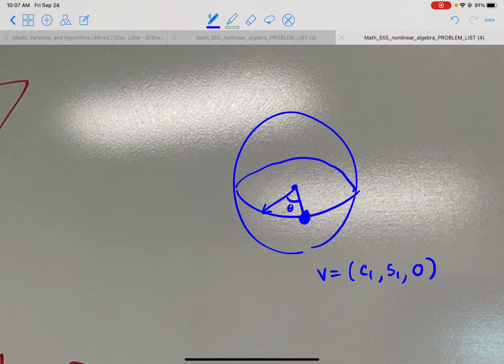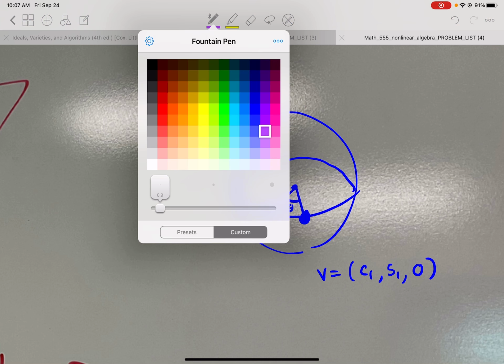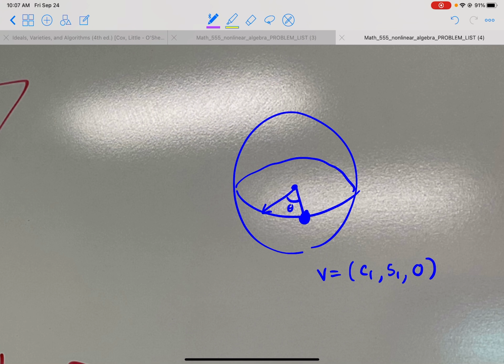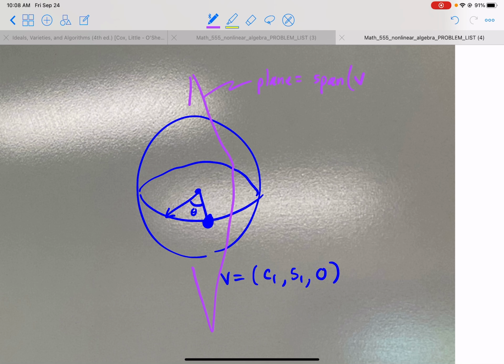Okay, good. So now I'll go purple, and I slice with a plane spanned by the vector v and the E3 axis up to the North Pole. So the purple plane equals span of v and E3, which is secretly just the vector 0, 0, 1.